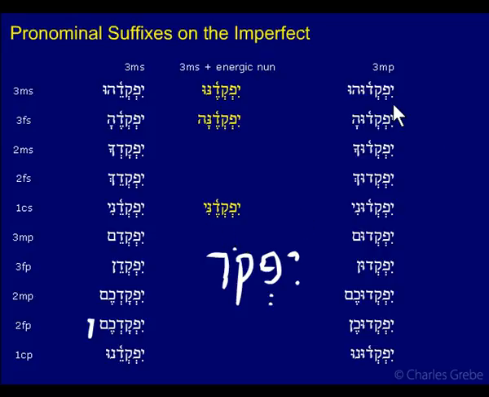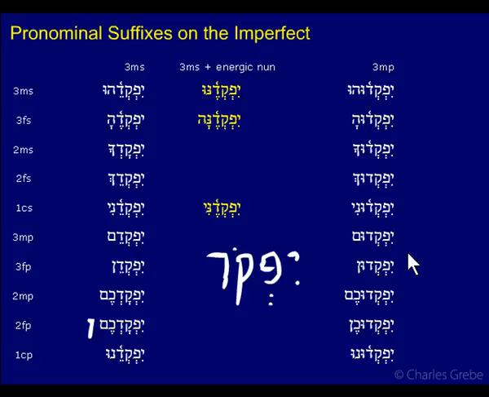And over here in the plurals, yifkeduhu. Same thing, pretonic reduction, yifkeduha. And it looks like in this form we don't have any qamets hatuf. They're all gone to pretonic reduction. So it's not going to be something that's hard to recognize. You recognize the imperfect by its prefix anyway. Just remember that you do have pretonic reduction, so you won't see the theme vowel. You won't see the holam.